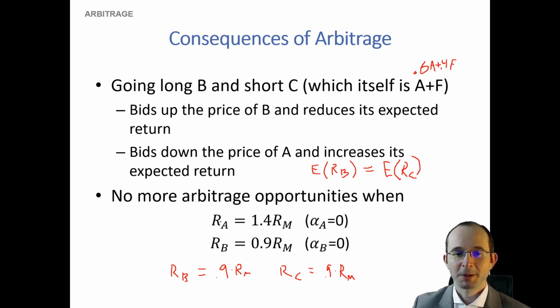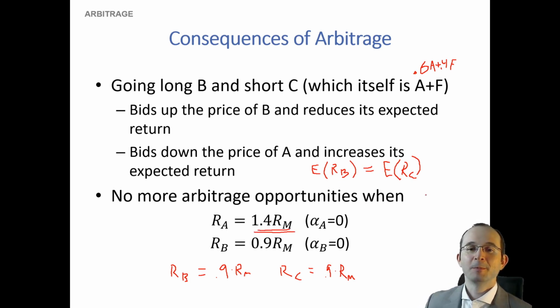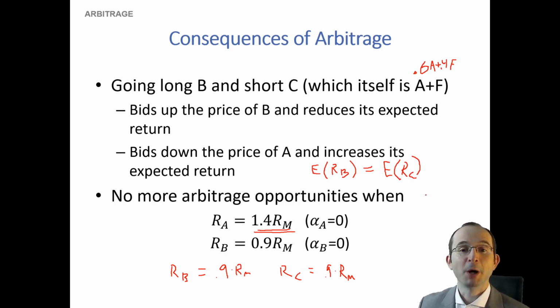And therefore, the return to portfolio A is also going to essentially be driven just by its exposure to the macro factor. All of these portfolios must have 0 alpha for there not to be any arbitrage opportunities. In other words, the law of one price must again obtain.